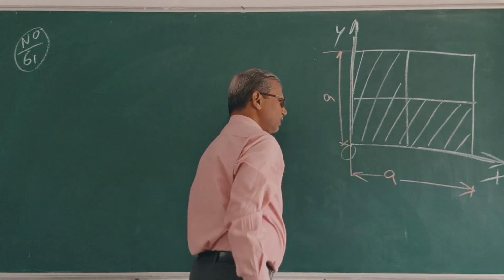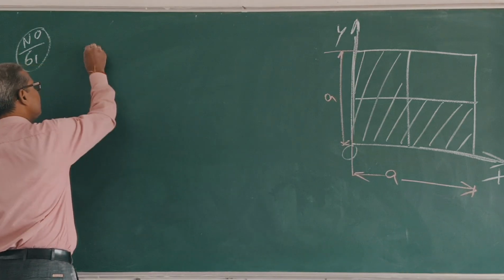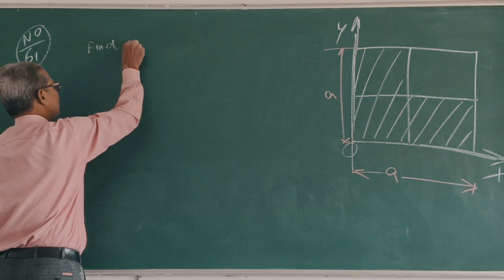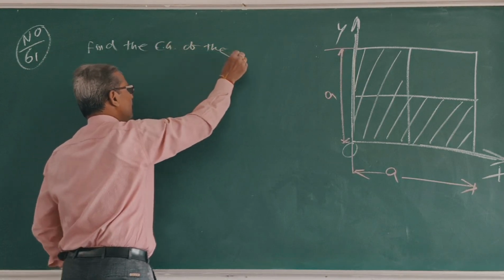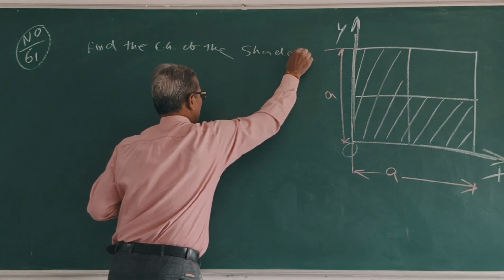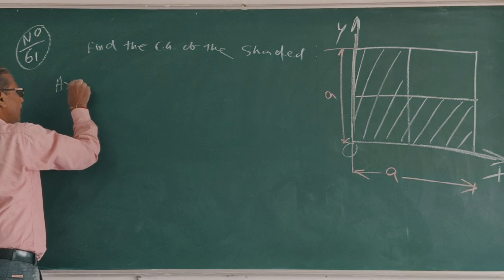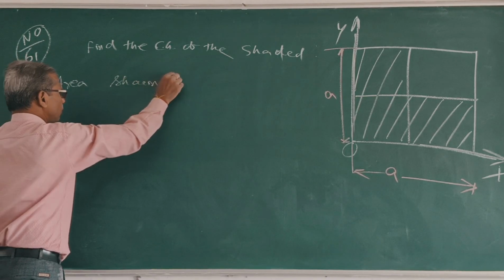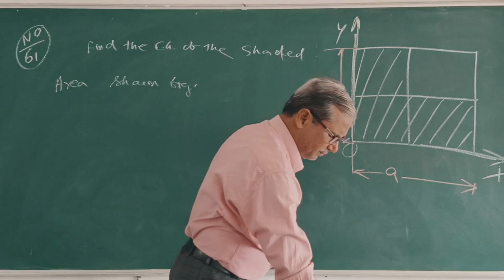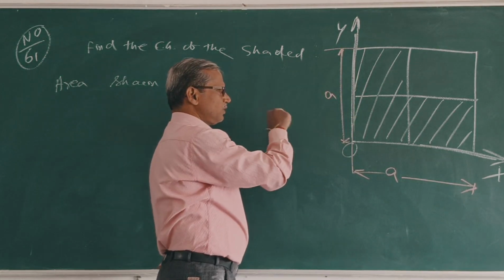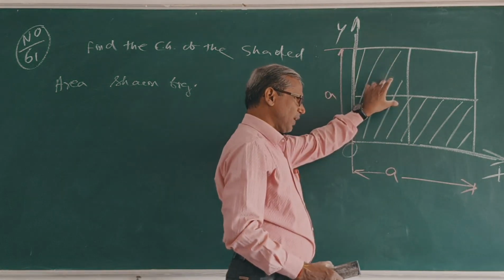The question is, find the CG of the shaded area in the shown figure. Clear? So in this figure, we will find the CG of only this area, the shaded area, not this area.